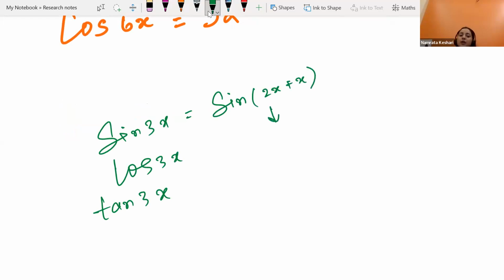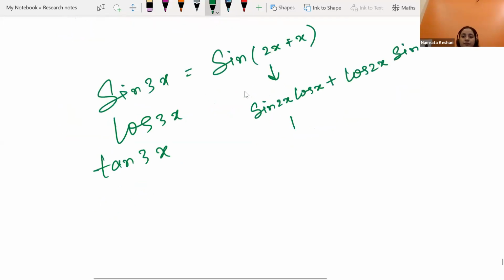Sine 2x plus x, which will be sine a cos b plus cos a sine b, right? Which can be written as sine 2x means 2 sine x cos x.